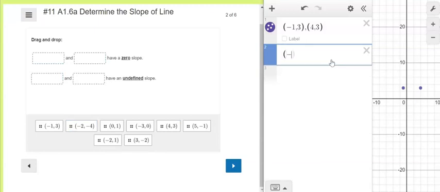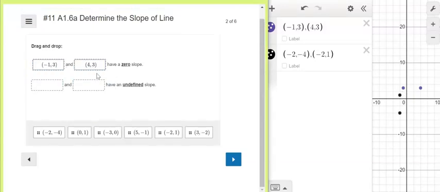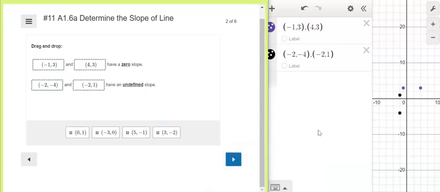If I do -2 and -4, and then -2 and 1, those two have a vertical line. So that's what I'm going to choose. These two have a zero slope because the y coordinates match, and these two have an undefined slope because the x coordinates match, but I would definitely look at Desmos and confirm those points. Okay.